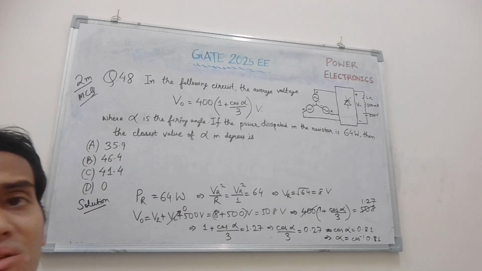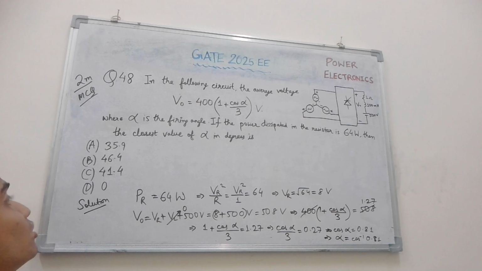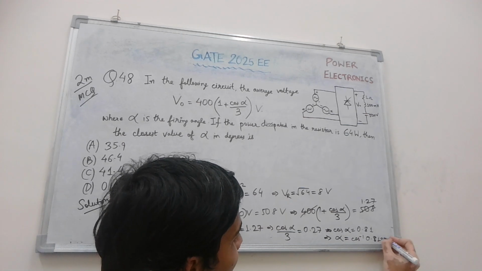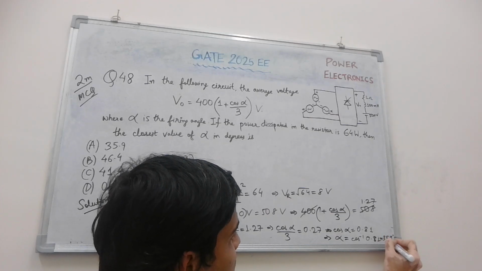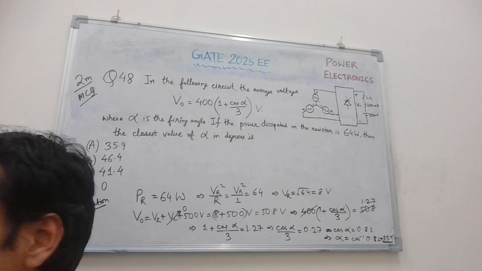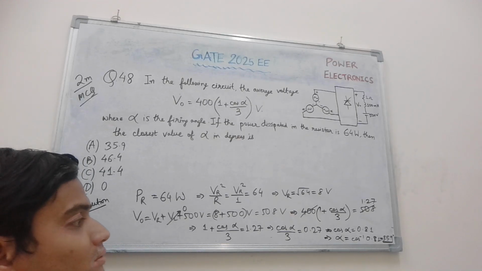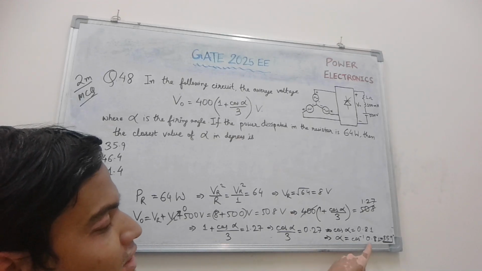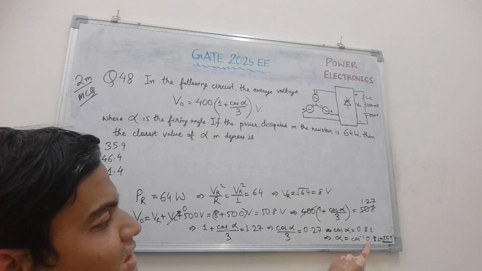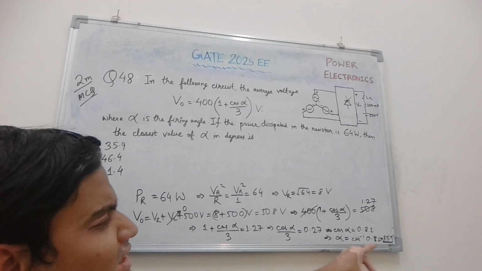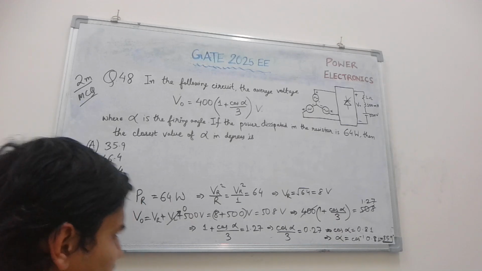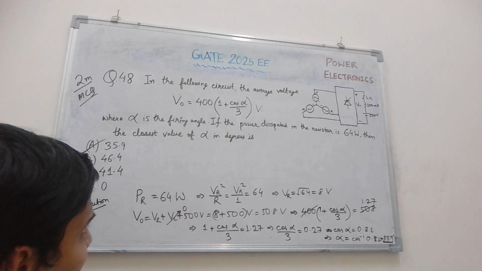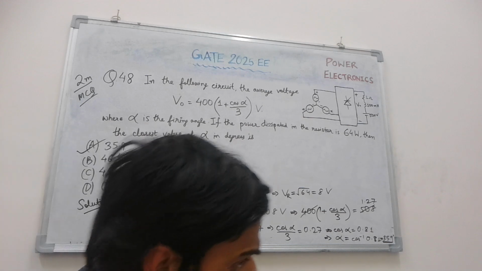Among the options we can easily find that it is close to 35.9 degrees. Other options are nowhere near, कहीं भी नजदीक नहीं है बाकी options. So the correct answer to the question is option A, 35.9, as alpha is also in degrees.